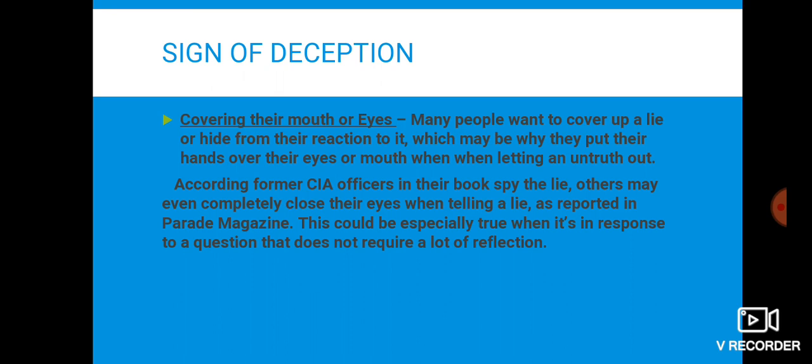According to former CIA officers, in their book, Spy the Lie, others may even completely close their eyes when telling a lie. As reported in Parade magazine, this could be especially true when it's in response to a question that does not require a lot of reflection.